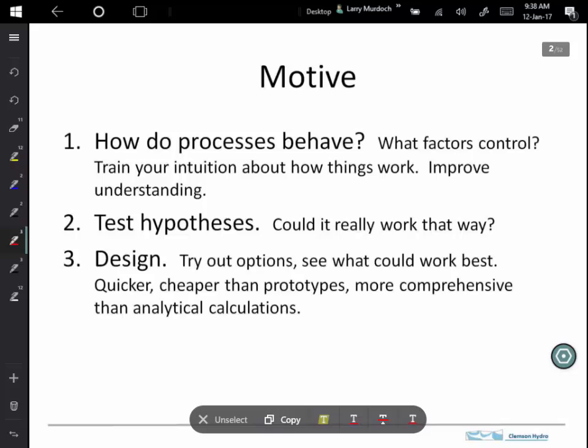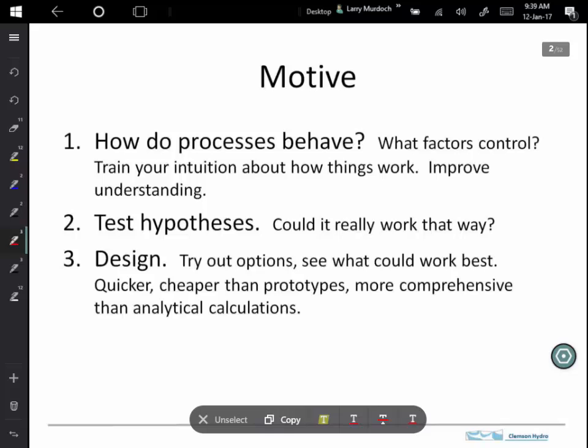The other thing is that you can test hypotheses. So you'll have some ideas about how something might work, and then you can do simulations that are based on physical and chemical principles, and they can tell you whether it would be possible for it to work that way. So that would be a scientific application, and then more of an engineering application would be related to design.